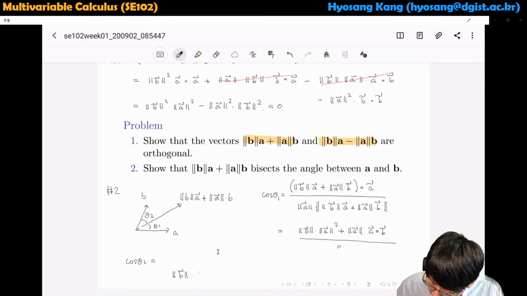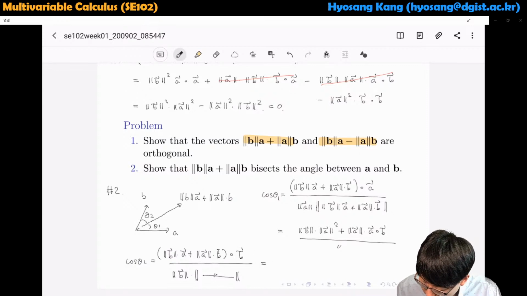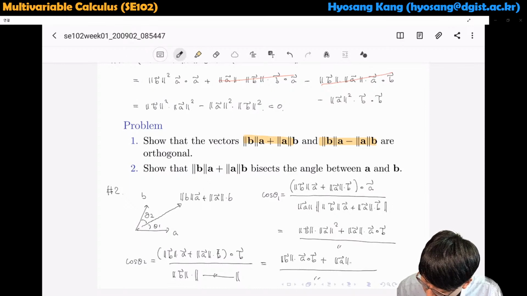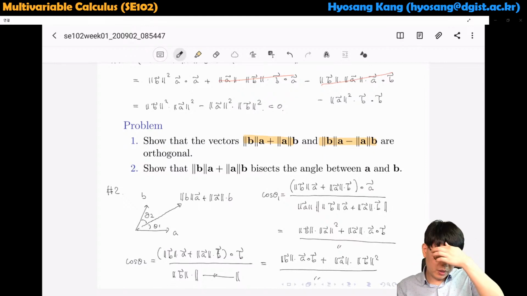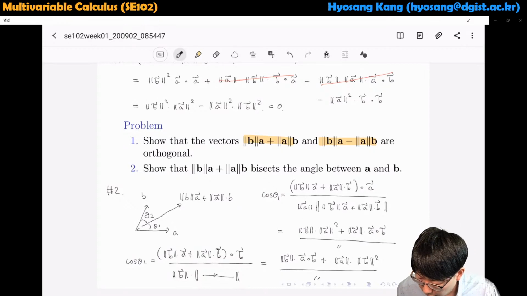So B times this big thing, so I'm not going to rewrite everything. So we get B A times B, and then A times B square, right? So I want to show that these two things are equal.